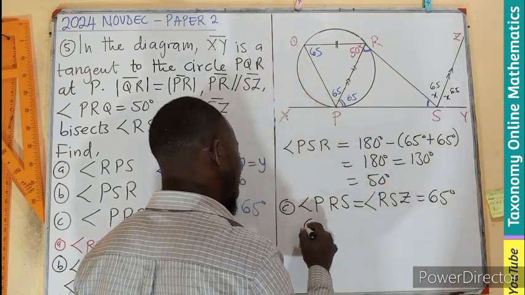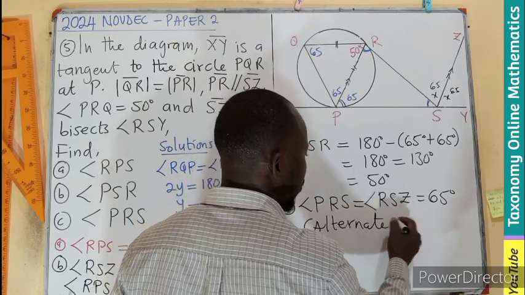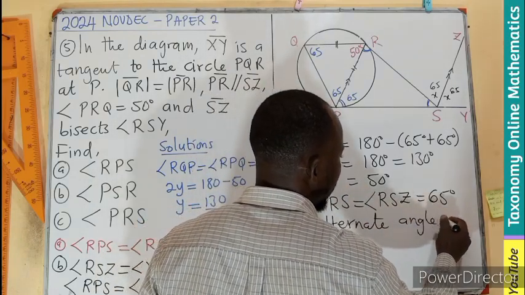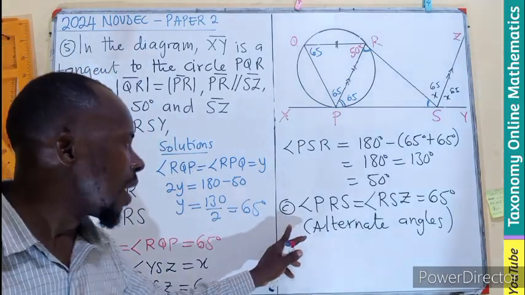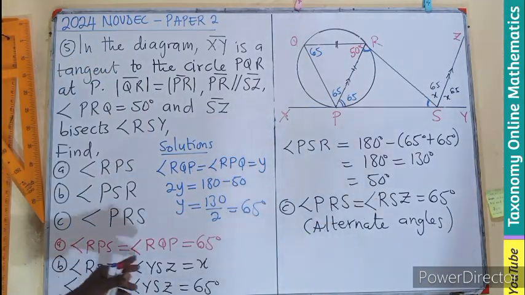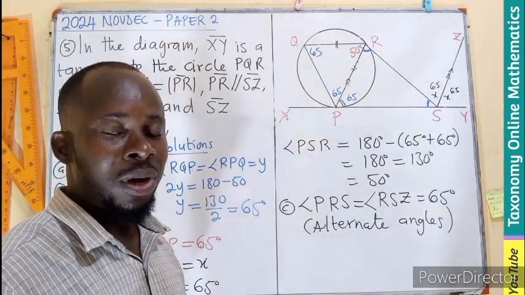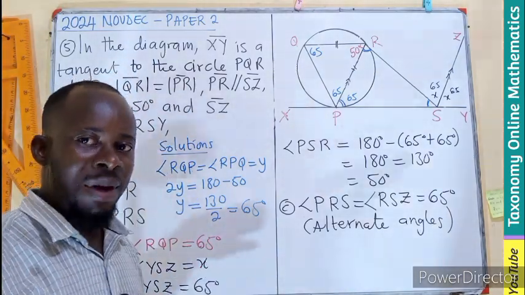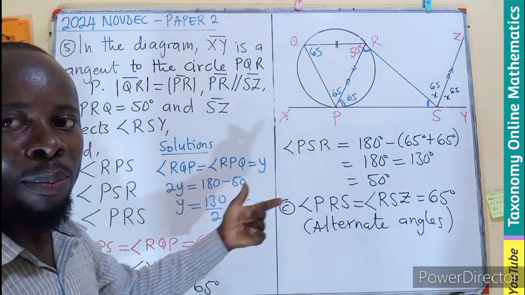Here I have space so I can say alternate angles. So C is found, B is found as 50, and A is also found as 65. I guess you can also think of other properties that will lead you to the same answer. And don't forget, every step you take, you write the property.